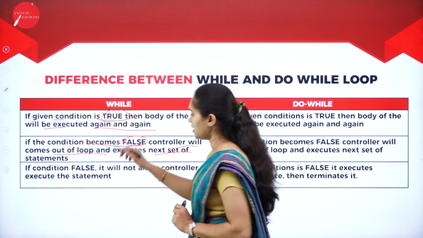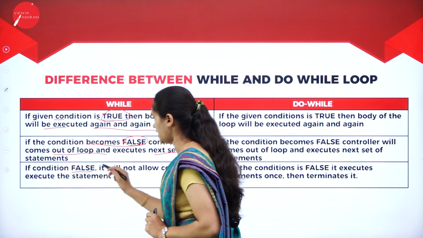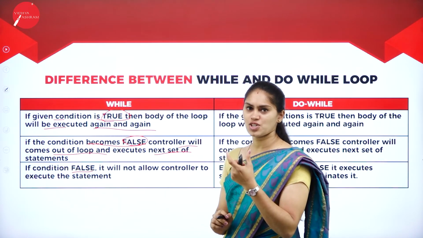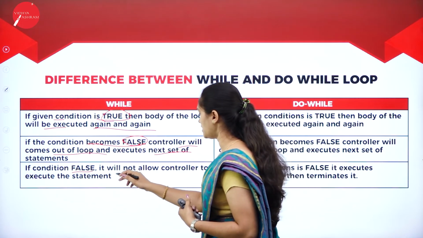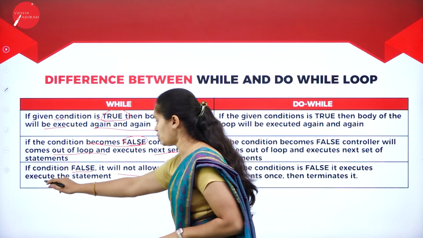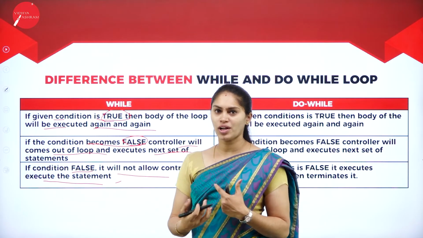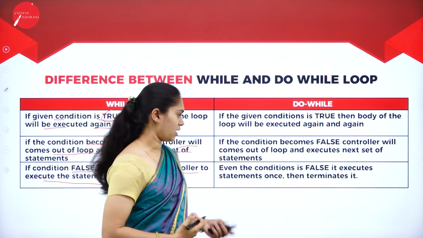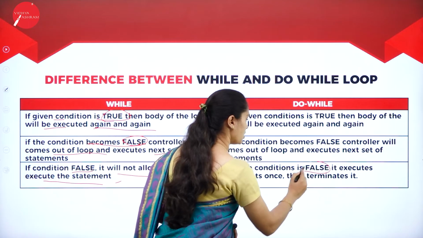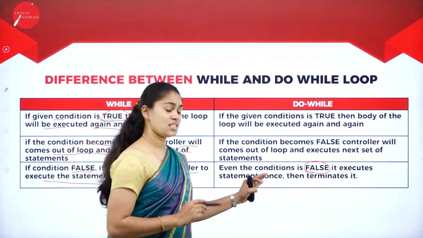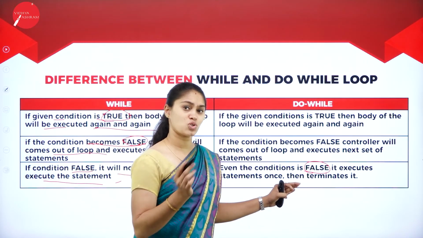After that, in the while statement, if the condition is false, meaning it is not satisfied, it will not allow control to execute the statements. If the condition is false, we do not execute the statements at all. Here in do while, if the condition is false, it still executes the statements once, whether the condition is true or false.